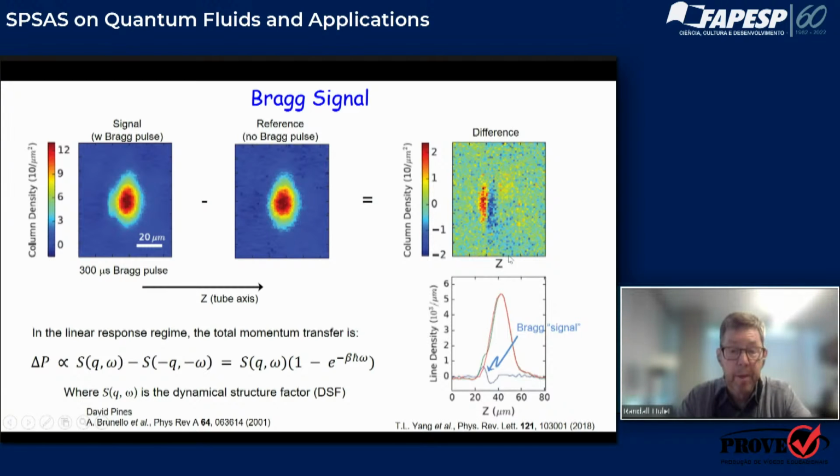So if we look at these images again, the difference between these two images, then integrate along this direction perpendicular to the tube axis, you can get line density plots. The red is showing the line density without the Bragg pulse.